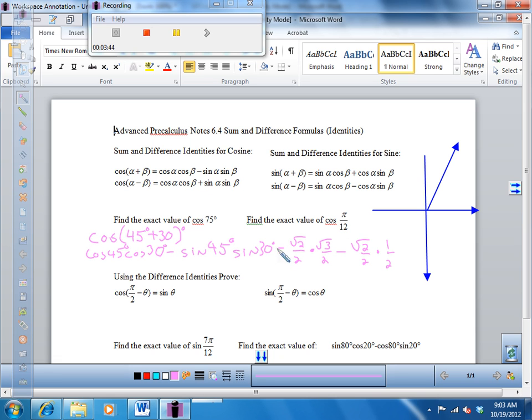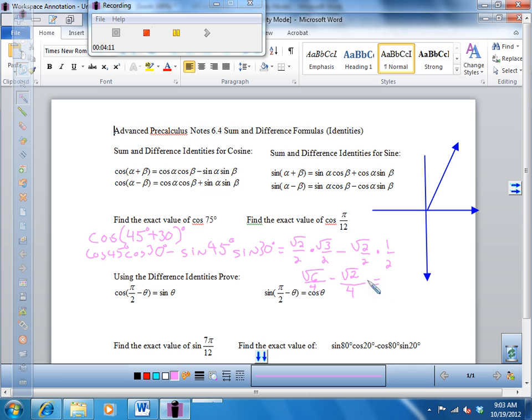And then you simplify this, okay? So root 2 times root 3 is root 6 over 2 times 2, which is 4 on the bottom. Minus root 2 times 1 is just root 2, and 2 times 2 is 4.